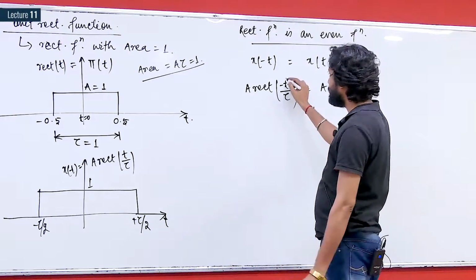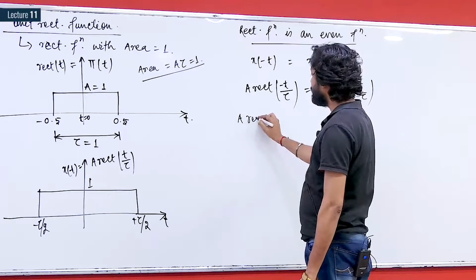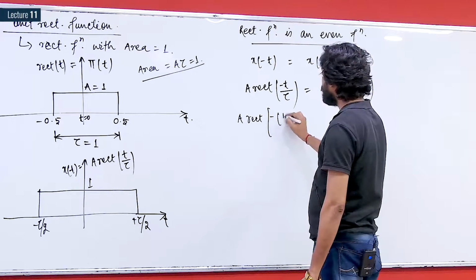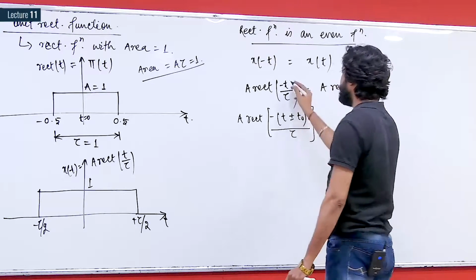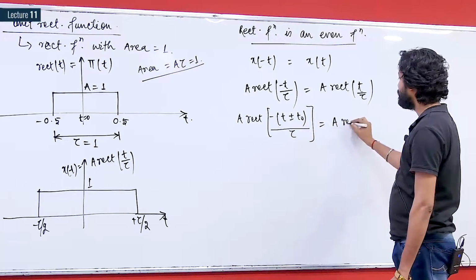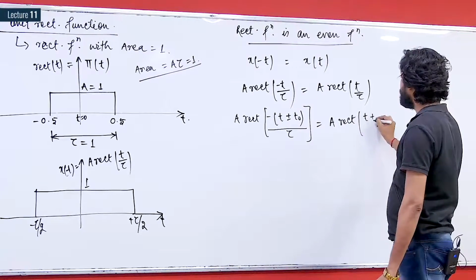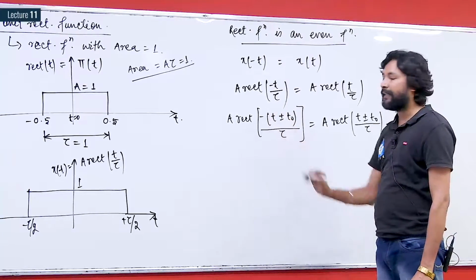Similarly, if you replace t by any other value, that is, if you find a rectangle of minus t plus or minus t naught upon tau, where we have replaced t by t plus or minus t naught, then it is going to be the same as a rectangle of t plus or minus t naught upon tau. You can just discard this negative sign.